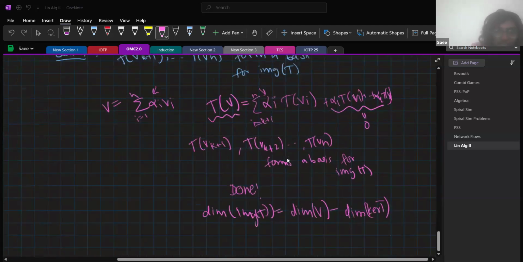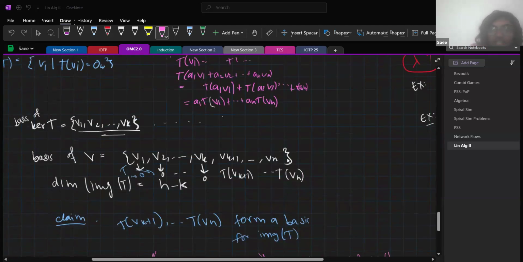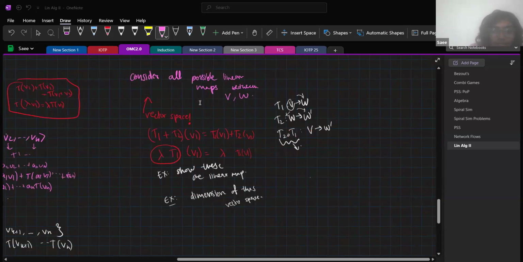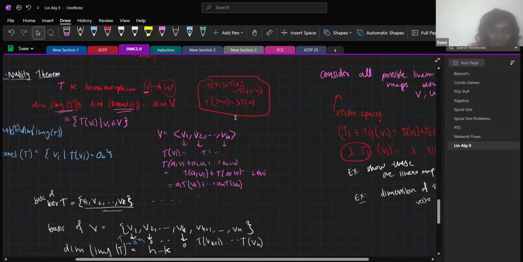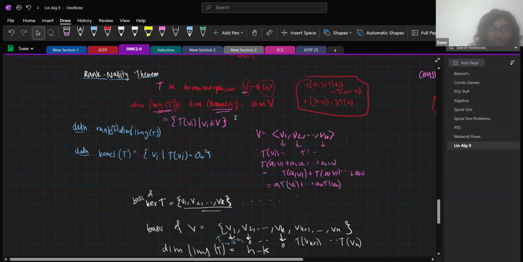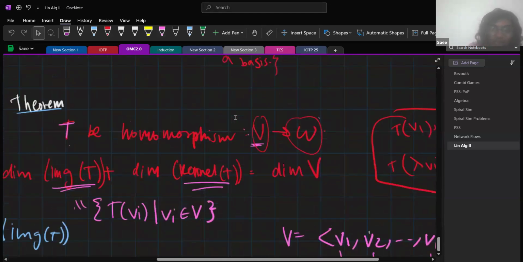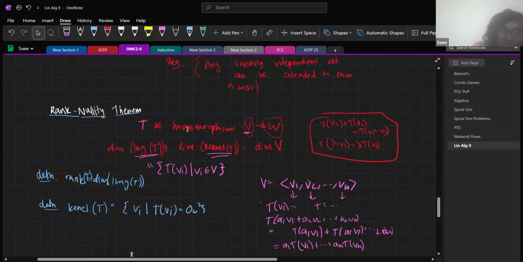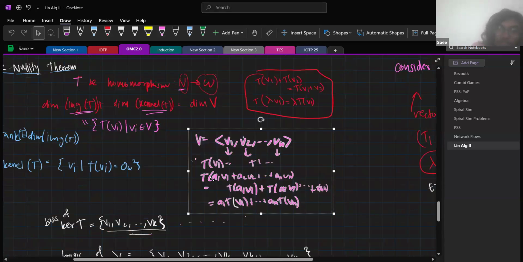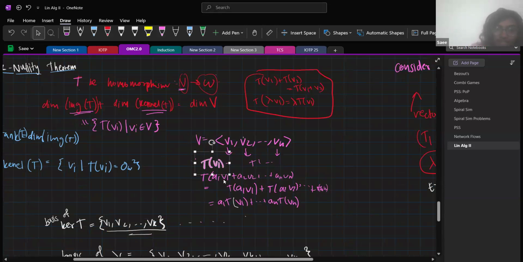Okay, sure. Yeah, so this was the rank-nullity theorem. And coming back to this idea of thinking of linear maps as matrices. The way to think of them as matrices is basically again this idea that you only look at where the elements of the basis are going.